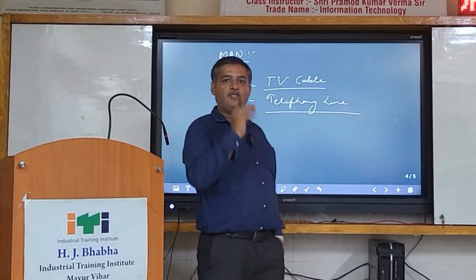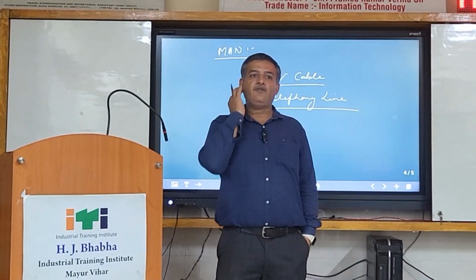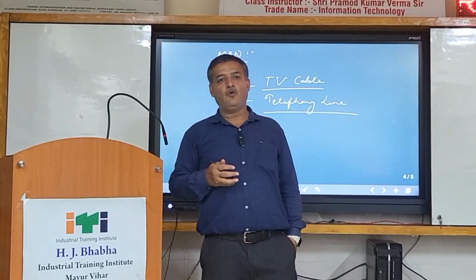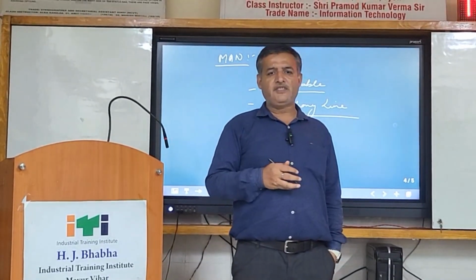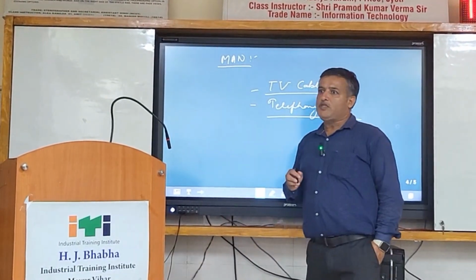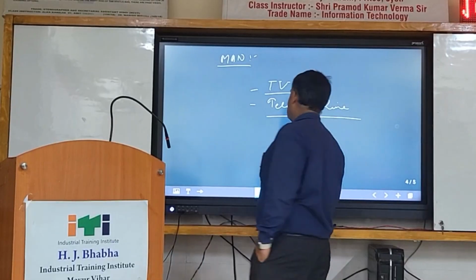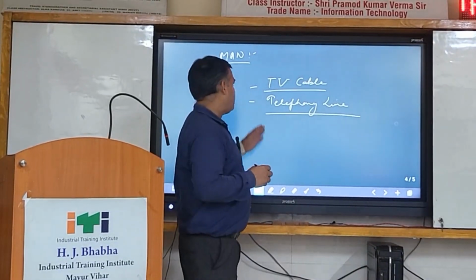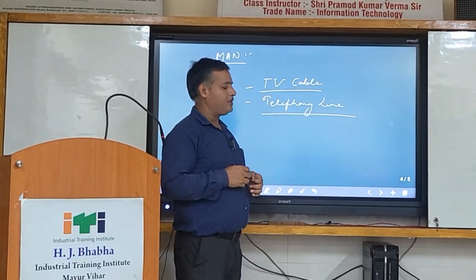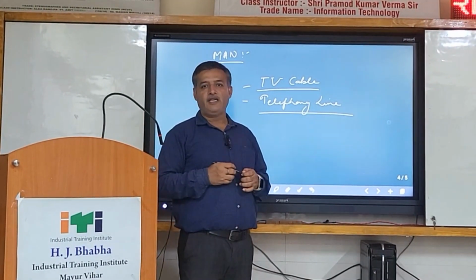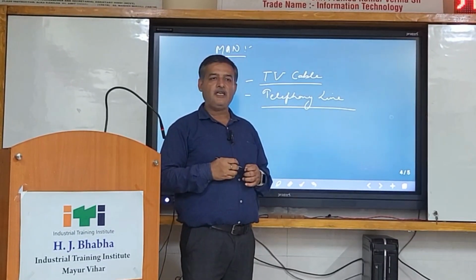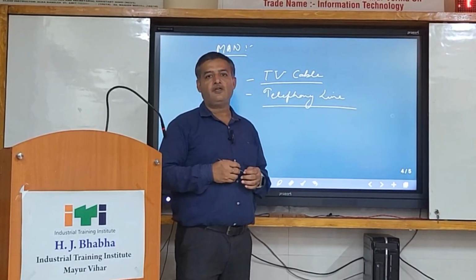This is the medium through which metropolitan area networking can be accomplished. Two branches, two universities, offices, and like that, examples can be given. As far as speed is concerned, because the data is transmitted over cable or telephone network, the transmission rate within the MAN is higher than the LAN.